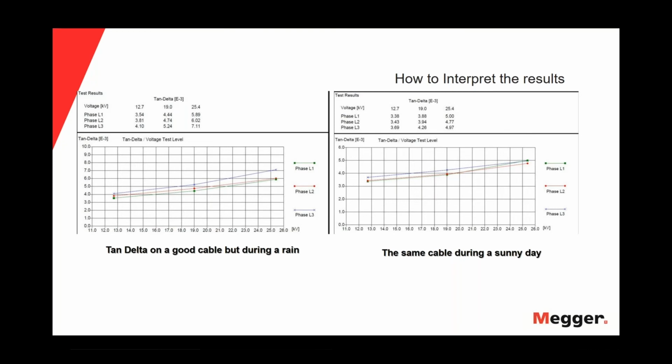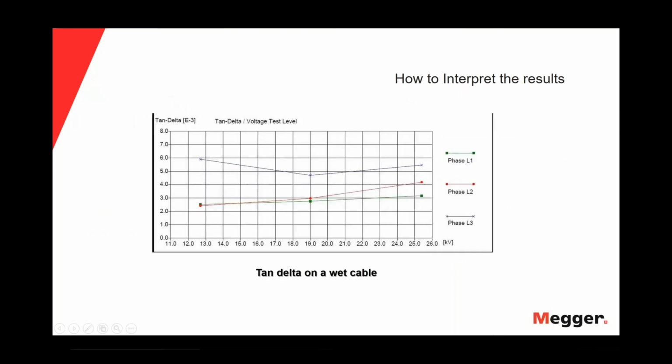Okay, and this one is a really interesting graphic, because if you see the phase L3, we start with very high values of the tan delta, but as we increase the voltage, the tan delta decreases, which is not common. It's a little strange, because we would expect that as we increase the voltage, the values of the tan delta remain the same or increase a little bit.